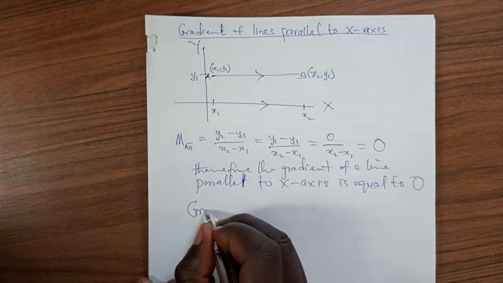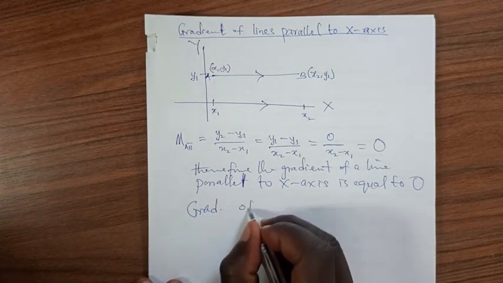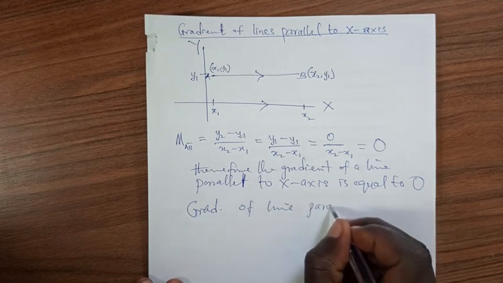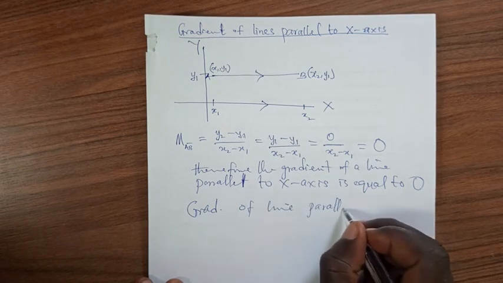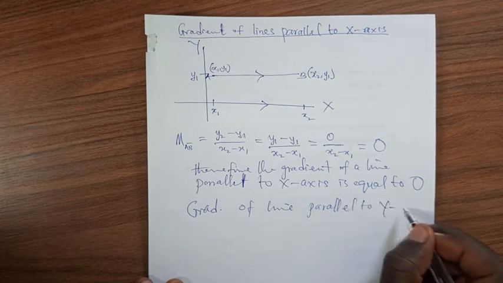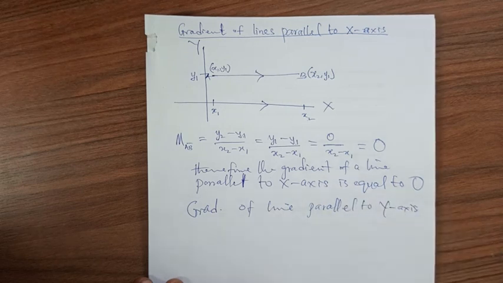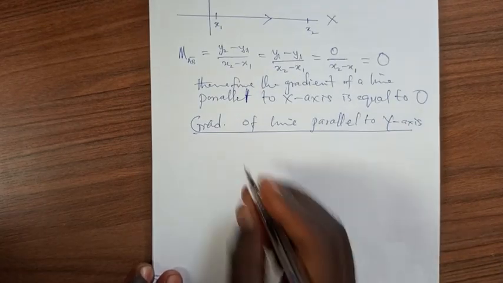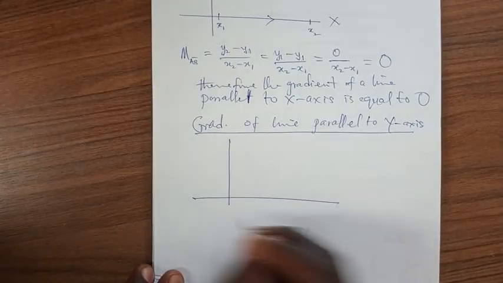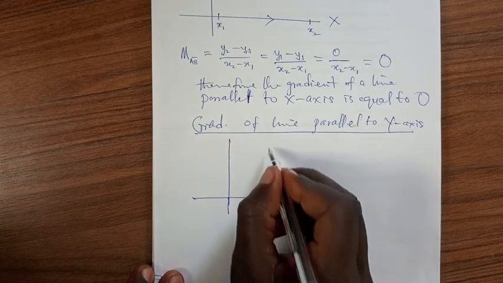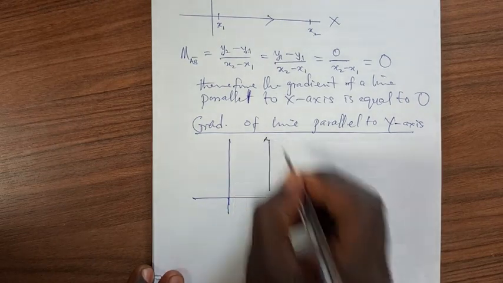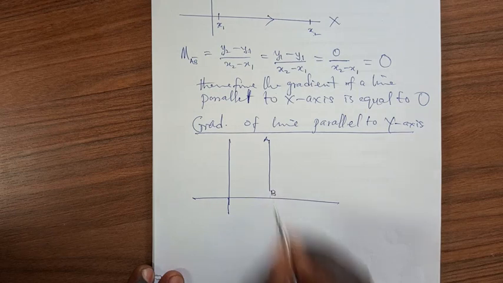Let us look at the gradient of lines that are parallel to the y-axis. So in this case, the line is like this. Maybe line AB.